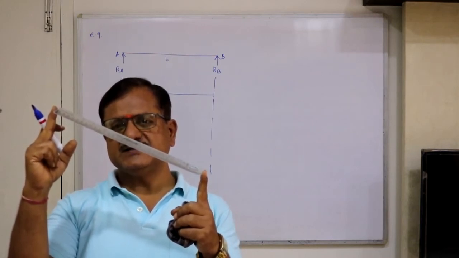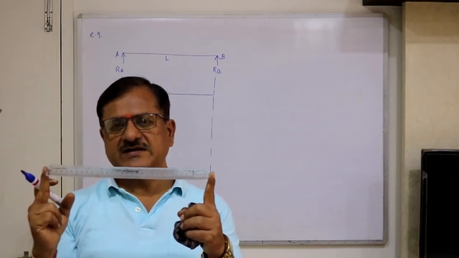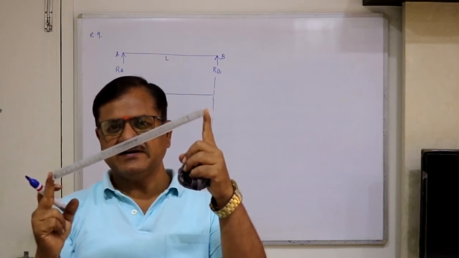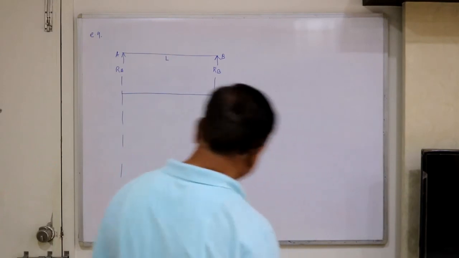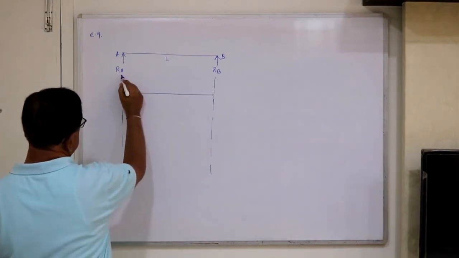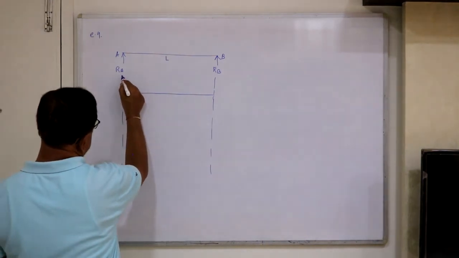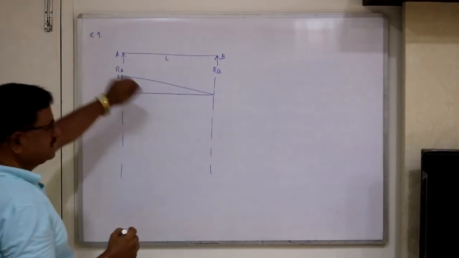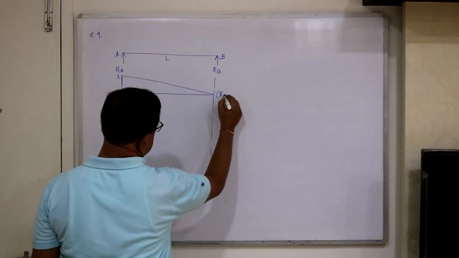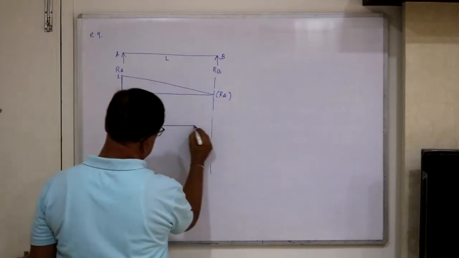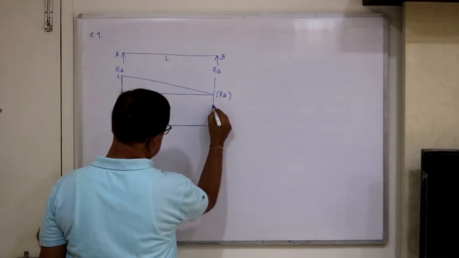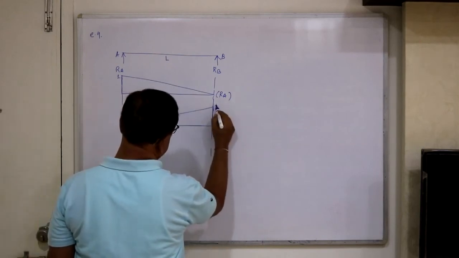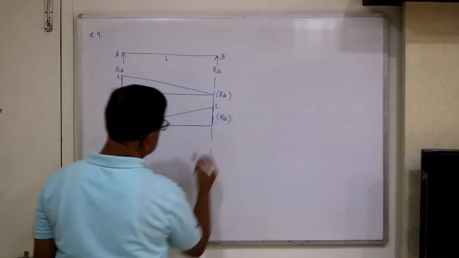This shape itself is the ILD for RA. When you want the ILD for RB, lift B through one, keeping A at zero, so you get the ILD for RB. Assume this is a rigid bar, and just draw the deflected shapes. No calculations are required.